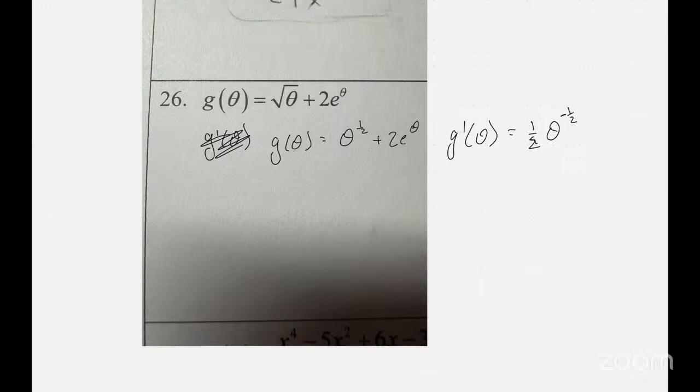Plus, and you remember what the derivative of e to the theta is? No. So it's 2 e to the theta times the derivative of theta. Well, what are we taking the derivative with respect to? Hold on, let me think about this.